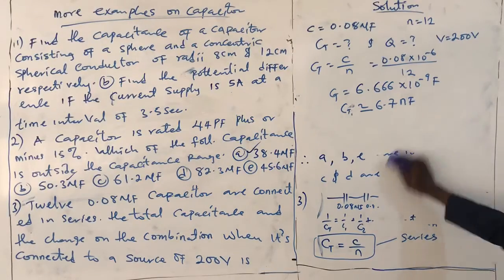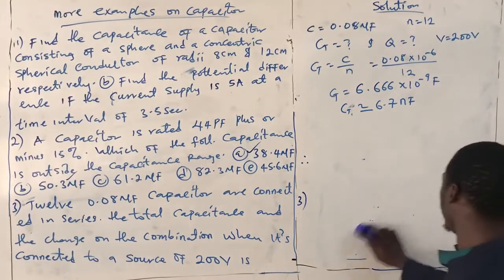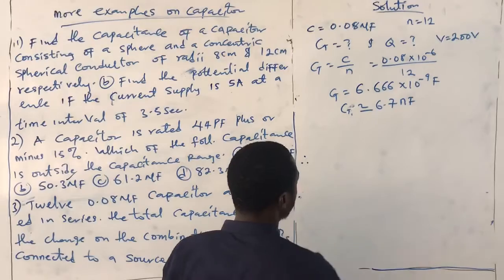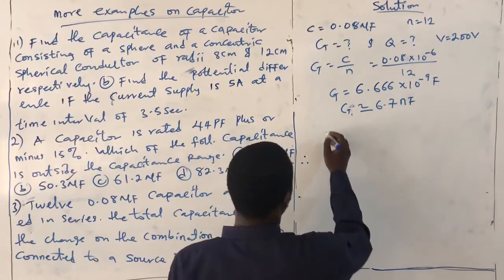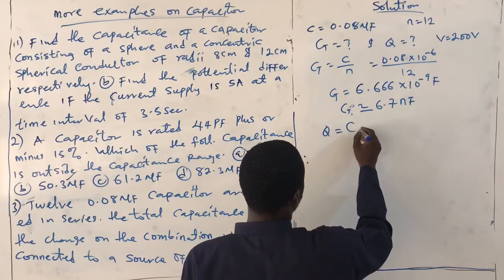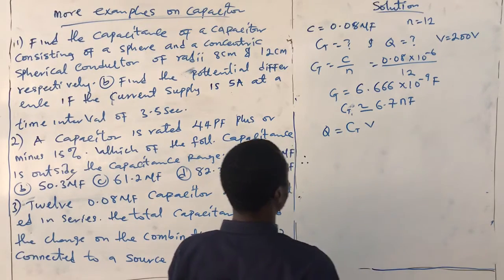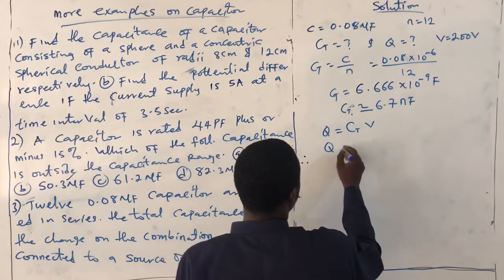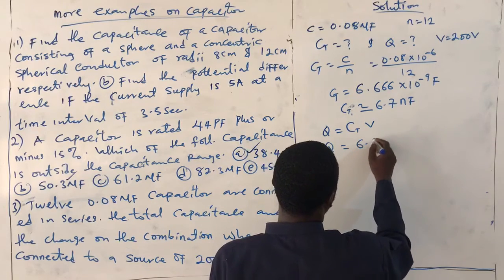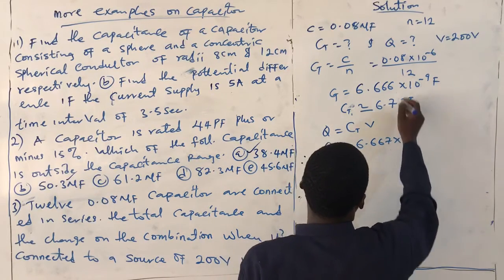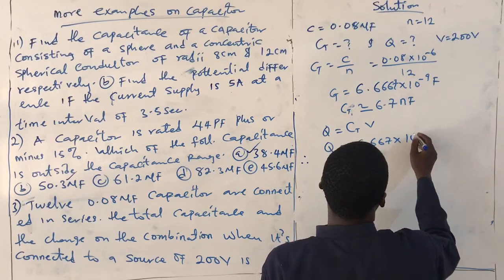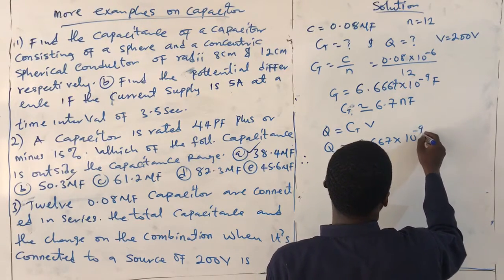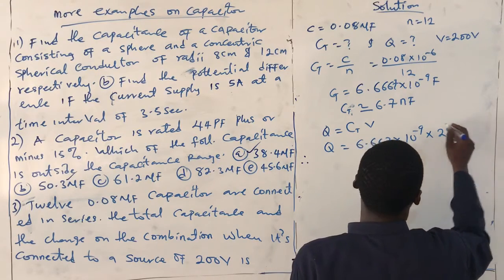Now to calculate the charge on the combination, Q is equal to CTV, which is the same thing as 6.667 times 10 exponential minus 9 multiplied by 200.